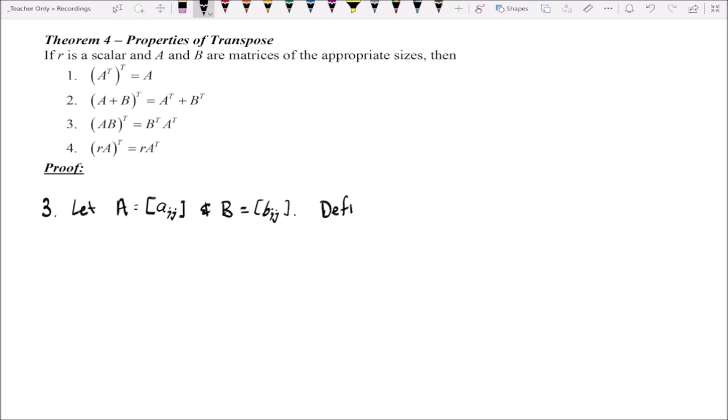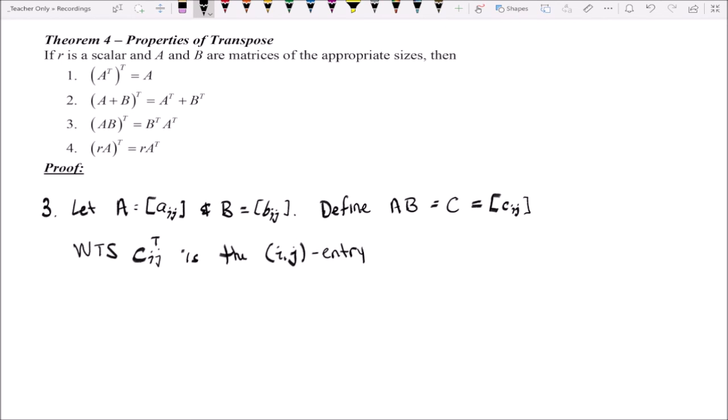We're also, as we did in the previous proof, going to define A times B as a matrix C. What we want to do is show that cij transpose is the ij entry in B transpose times A transpose.